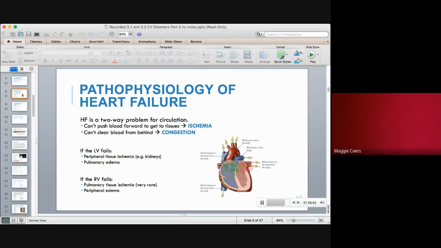Okay, so sometimes we can get pulmonary tissue ischemia, but the more common problem is we have this peripheral edema, or blood and fluids backing up in other parts of the body. So if the left ventricle fails, we get congestion in the lungs. If the right ventricle fails, we get congestion in the rest of the body.